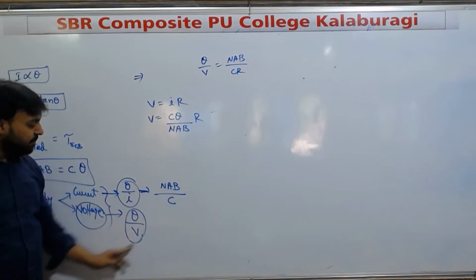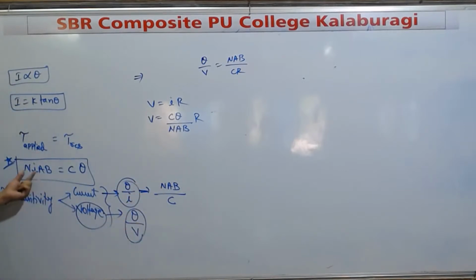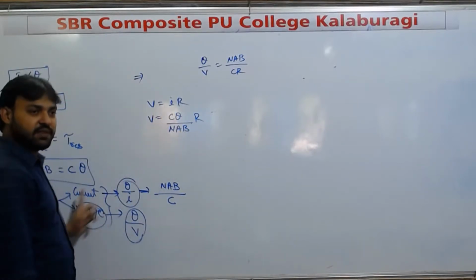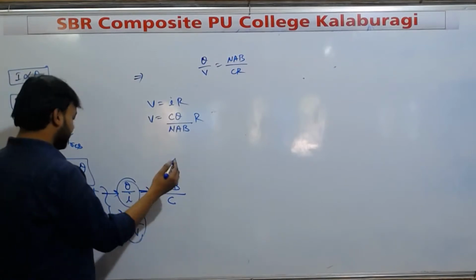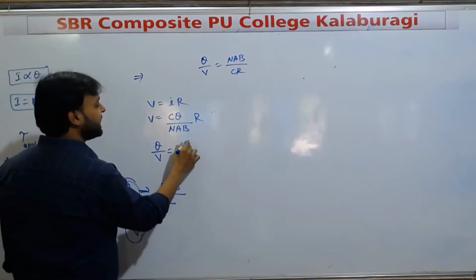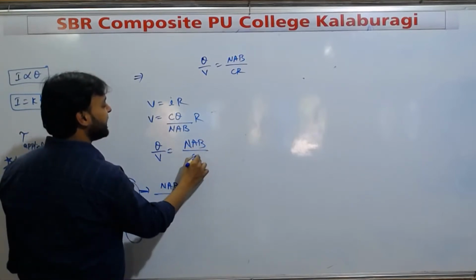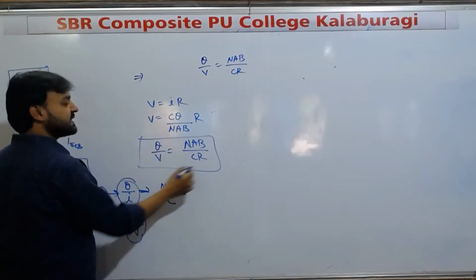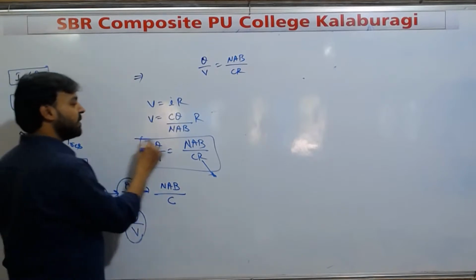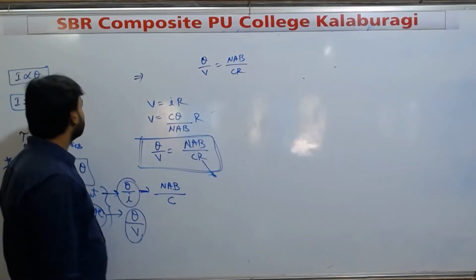So what do we want? Theta by V we want. Now we know only the current and deflection relation. How can we calculate V and deflections? So I substitute from this. Theta divided by V we want, so the remaining terms go to that side. It is NAB divided by CR, where R is resistance. That is voltage sensitivity. Please try to remember these things.